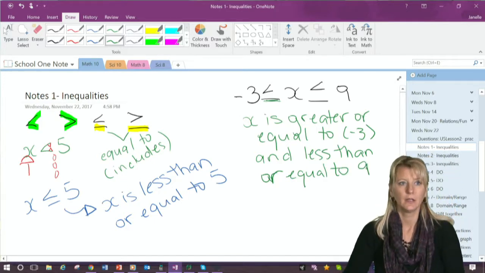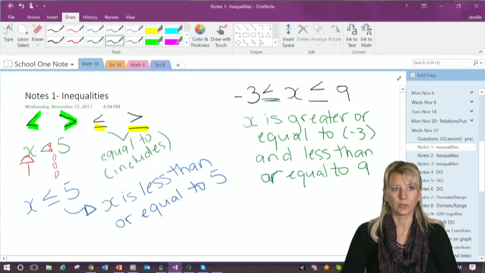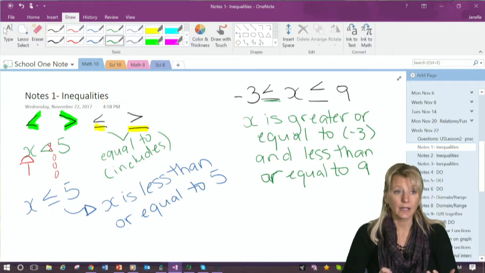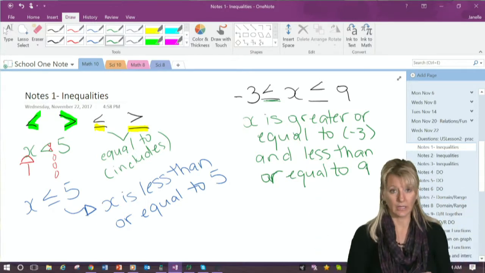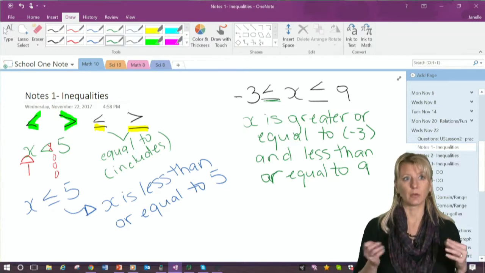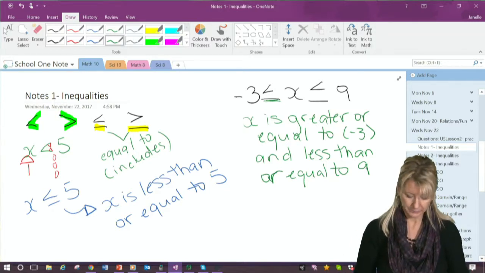Okay? So that's how you would say that phrase in words. So x could be -2.999, it could be -3, it can be any of those, it can be -1, 0, 1, 2, 3, 4, 5, 6, 7, 8, 9. It can go all the way up to those. It just can't go past 9, it can't go past -3. Okay?